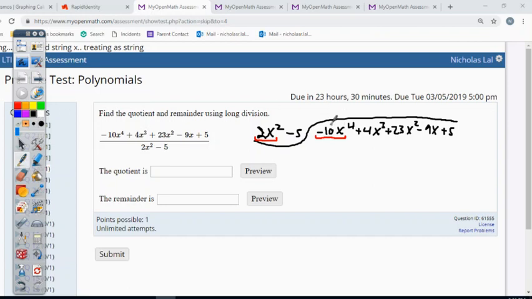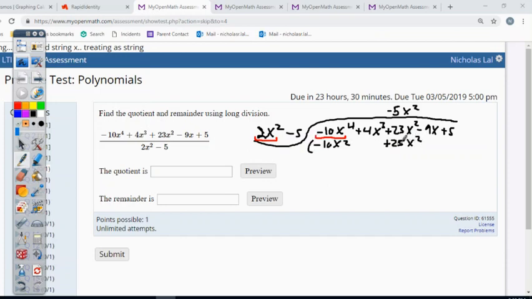So here, negative 10x to the fourth divided by 2x squared is going to be negative 5x squared. What I'm doing is picking the value that, when multiplied by my leading coefficient, is going to cancel out the leading term of the numerator. So negative 5x squared times 2x squared is negative 10x to the fourth, and negative 5x squared times negative 5 is positive 25x squared.